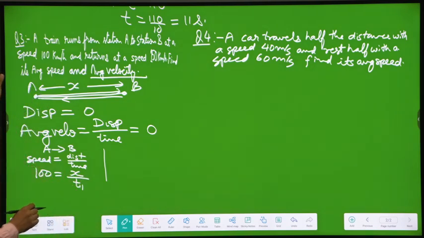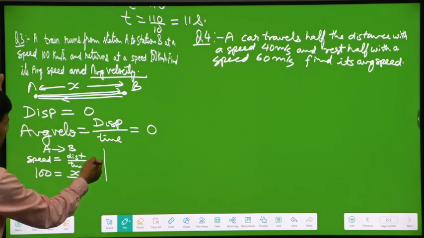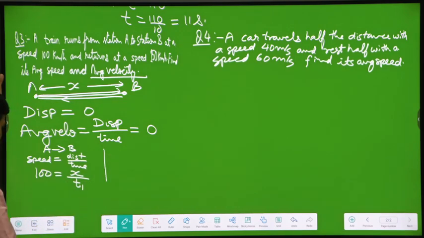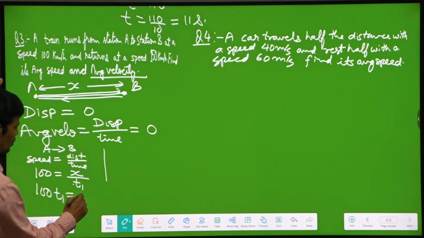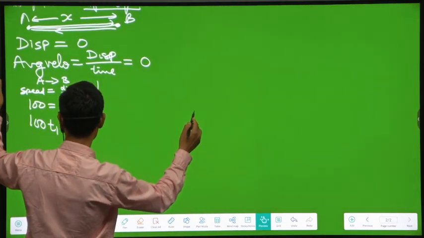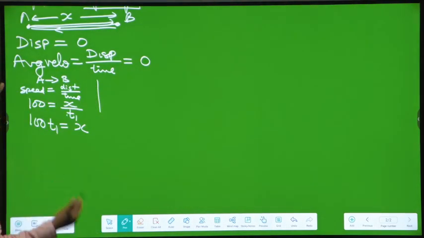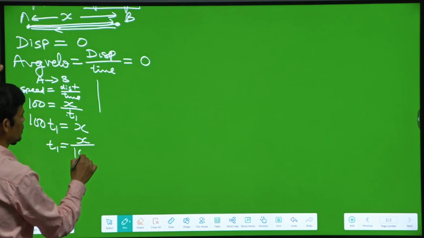I am putting subscript 1 because we will have another time when it will return back. Now cross multiplication, I am taking t1 here, it will be 100 t1, that will be equal to x. I am showing you each and every step, but you can skip some of the steps. t1 equals x by 100.